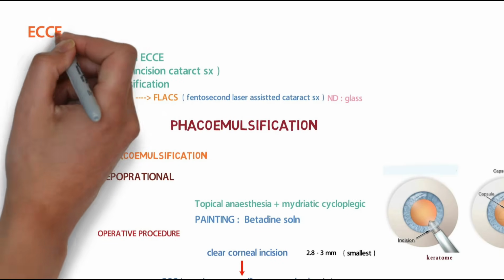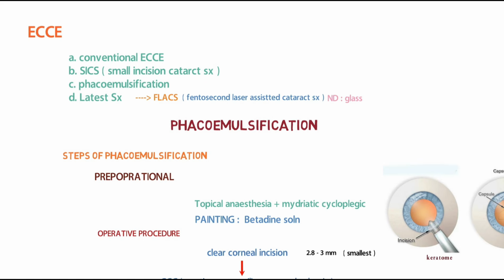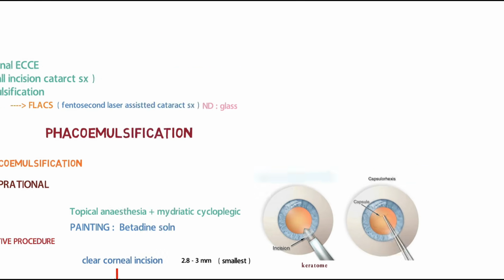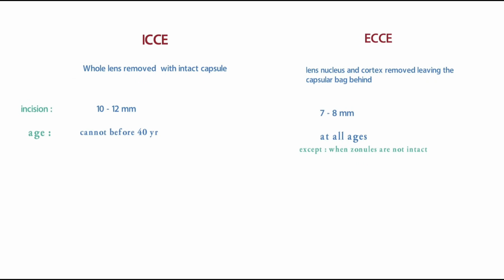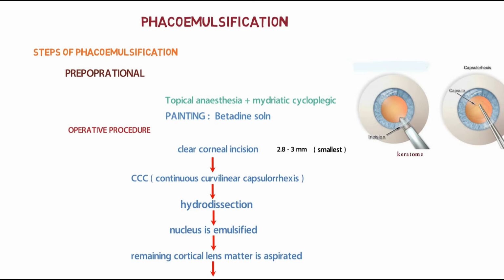Then we discussed the types of ECCE, that is conventional, SICS, phacoemulsification, and the latest surgery, that is the femtosecond laser. Then we talked about the differences between ICCE and ECCE. After that, we discussed phacoemulsification, in which we first went through the pre-operational procedures, and after that we discussed the operative procedures, right?